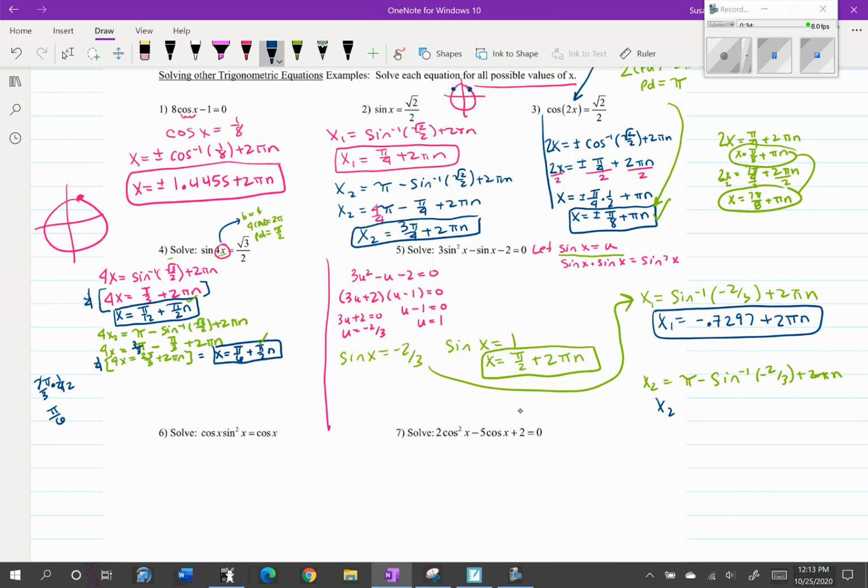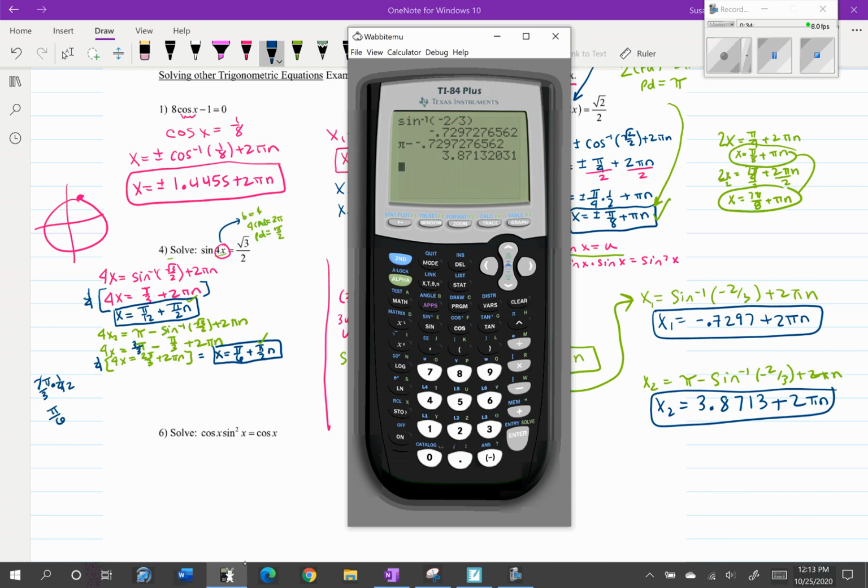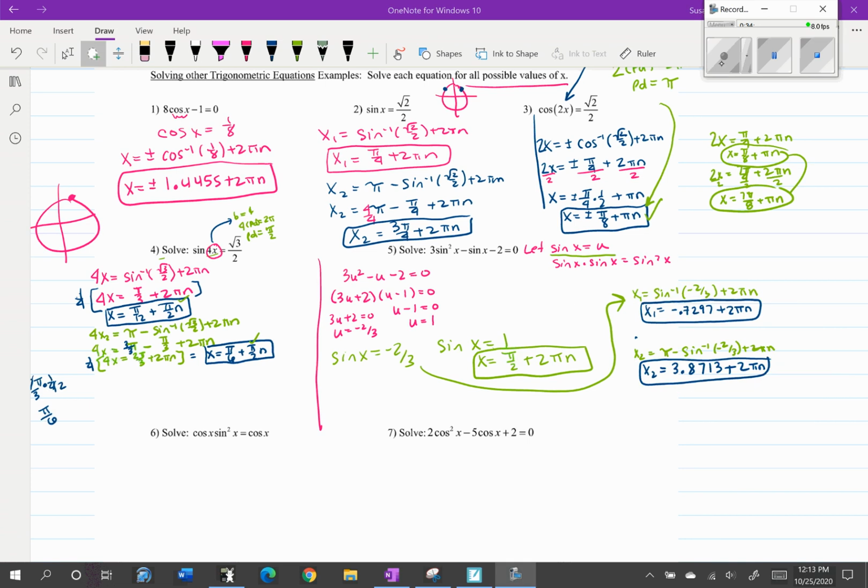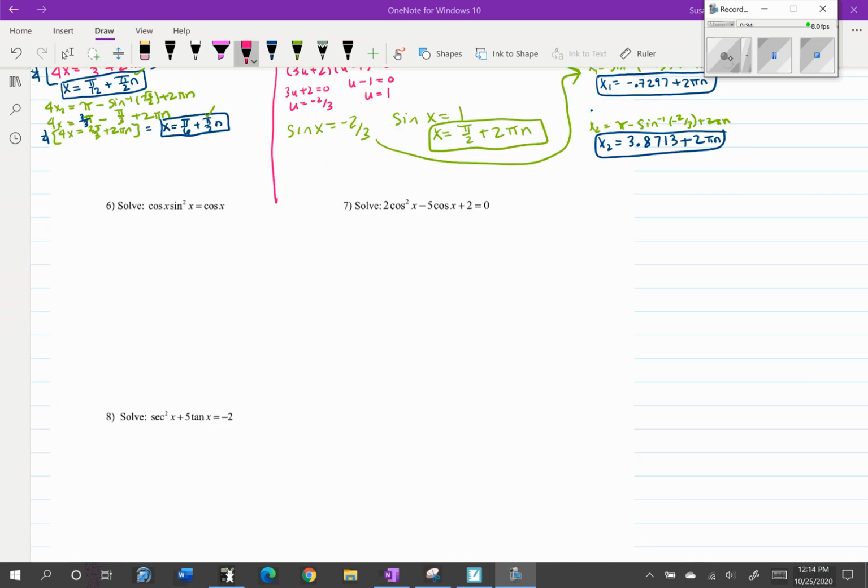So that gives me x sub 2 is equal to 3.8713 plus 2 pi n. So that gives us our second answer. So again, we did pi minus the sine inverse to get that second solution. So that means that this problem has three answers, the pi over 2 plus 2 pi n and the 2 that we just found. So I'm going to skip 6 and let's do number 7.